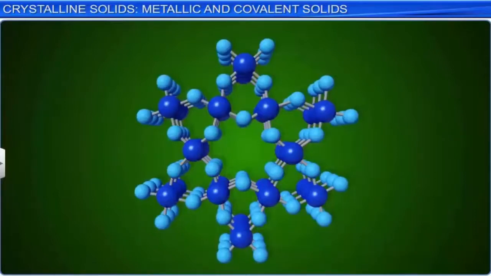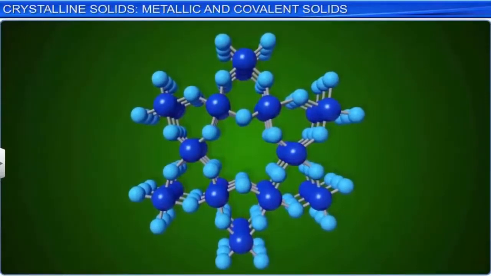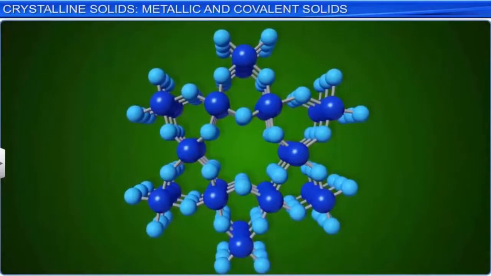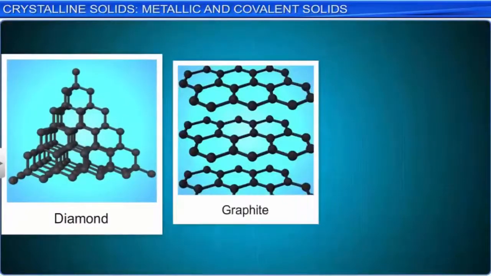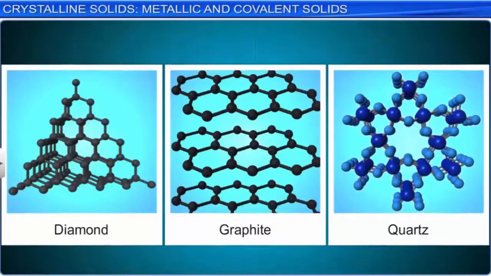They are also termed giant molecules. Diamond, graphite, and quartz are some network solids. As the atoms are held by strong covalent bonds, these solids are very hard and possess very high melting points. These solids are non-conductors of electricity, except for graphite.